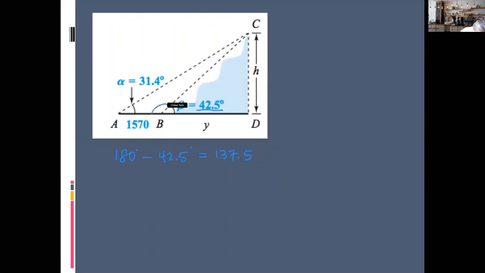So let's notate it, it's 137.5 there, okay? Then notice we can utilize the triangle there, and I will highlight the triangle for us to use in the next step.